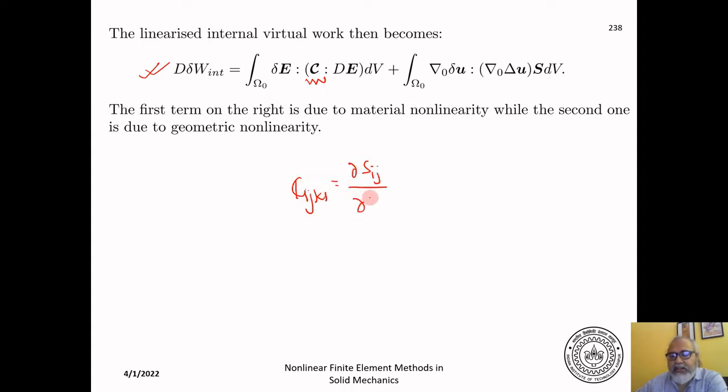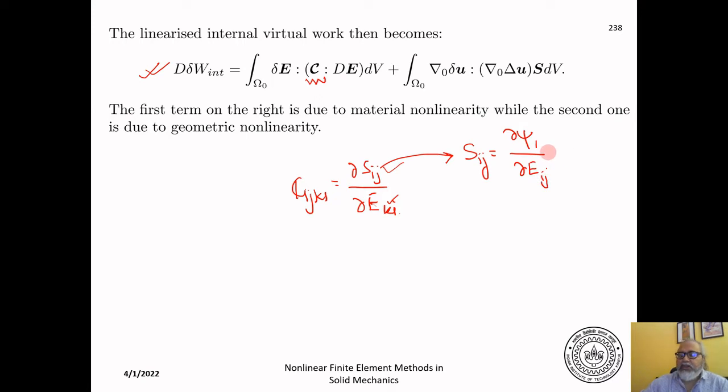The form of this depends on the stress and strain measures, or the stress and strain rate measures, that we have adopted. In this case, these are the stress and strain measures that we have adopted. So Cijkl is del Sij del Ekl, and in order to calculate this, we have to realize that for a hyperelastic problem, we have already found that Sij is del psi 1 del Eij.